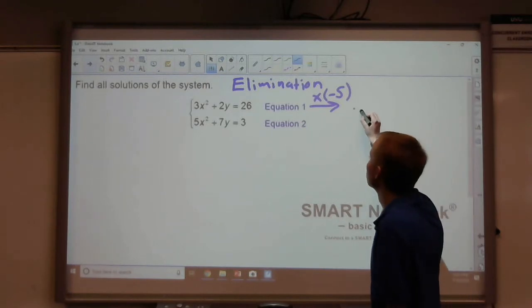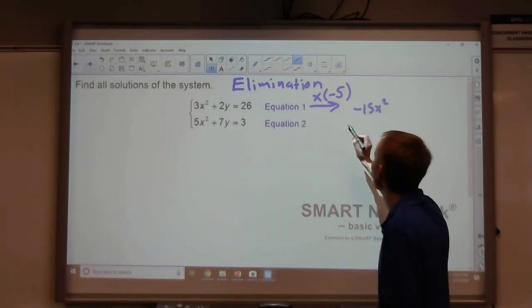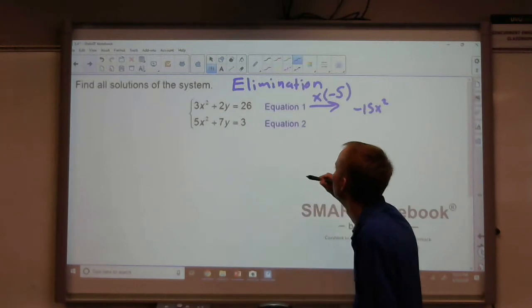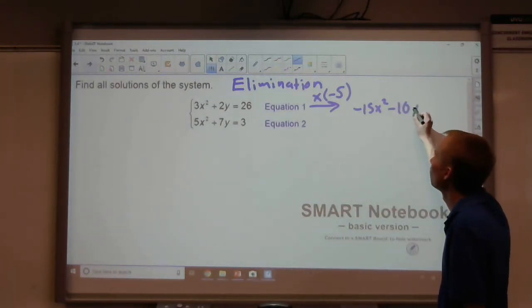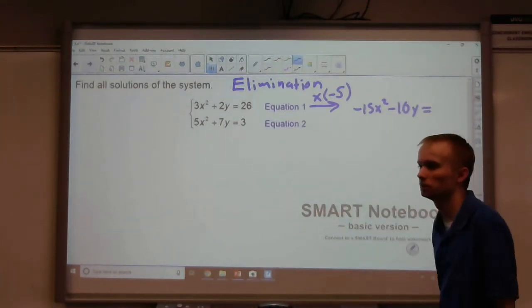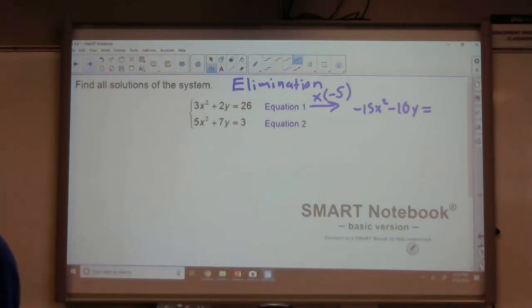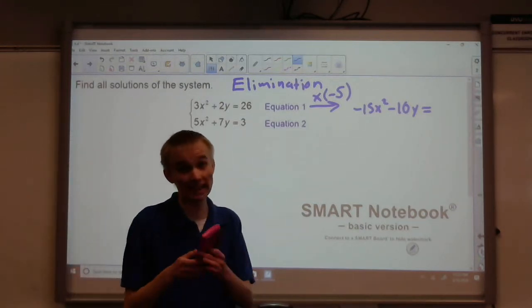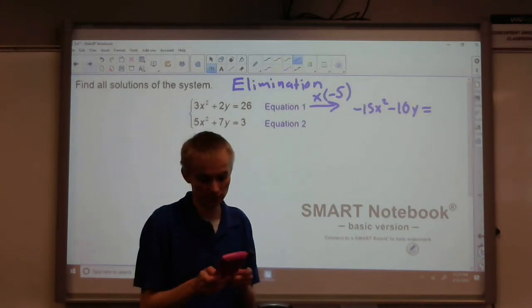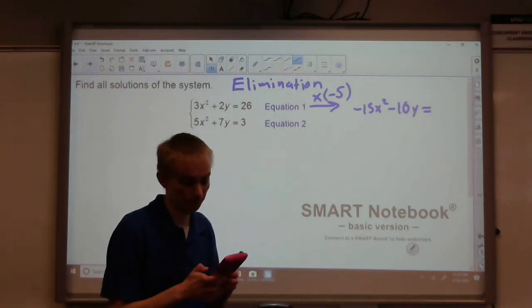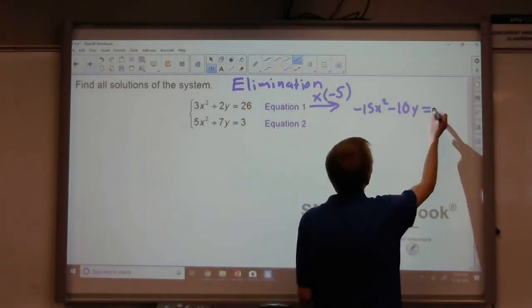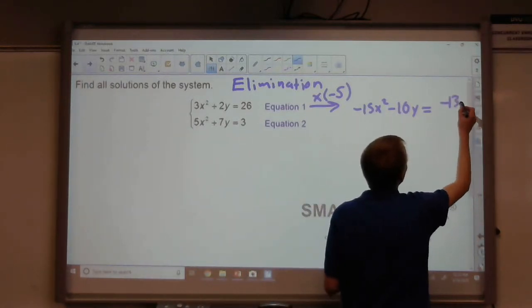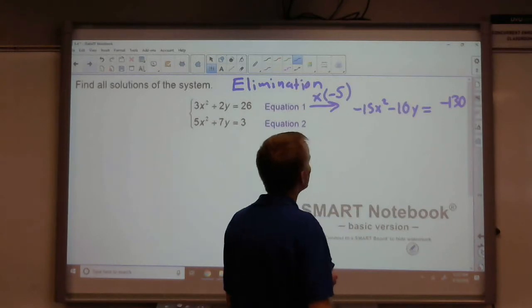So I get negative 15x squared, okay, minus 10y is equal to, and I need a handy-dandy calculator, 5 times 26, got my pink calculator here, 130, so negative 130 here. Okay, there we go.